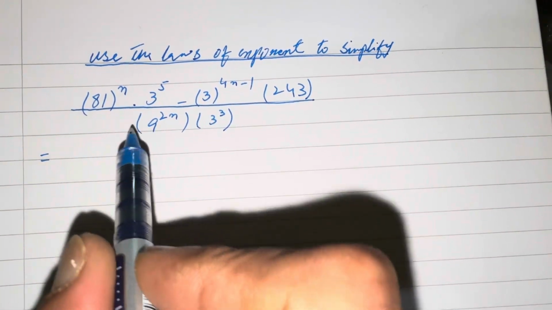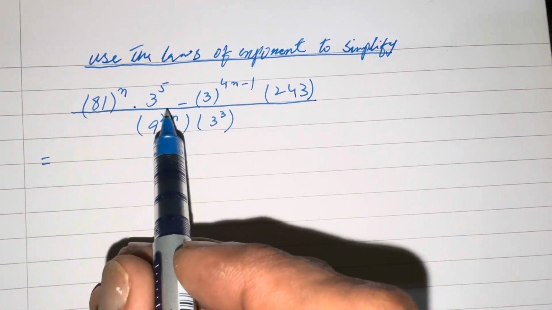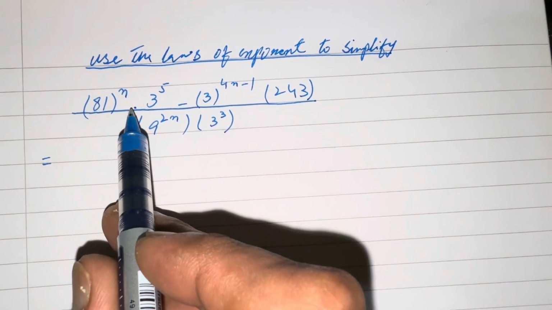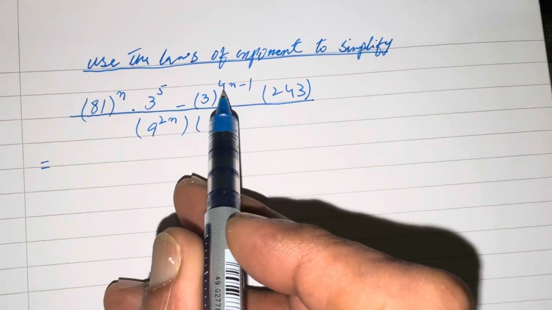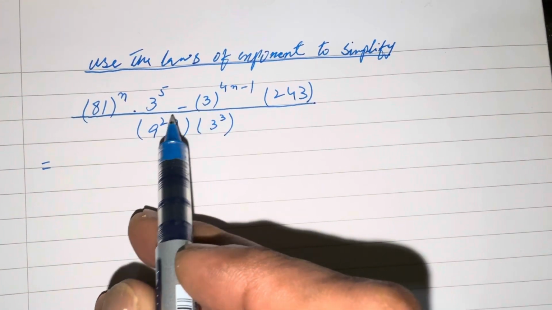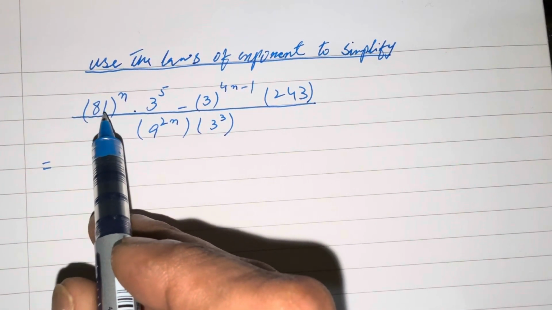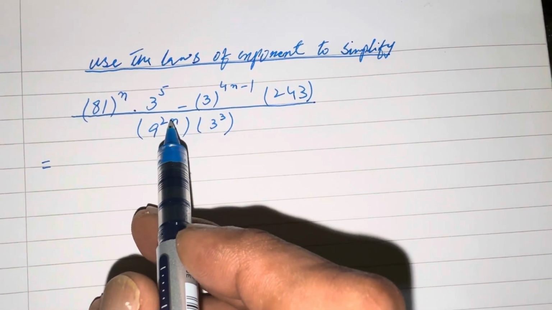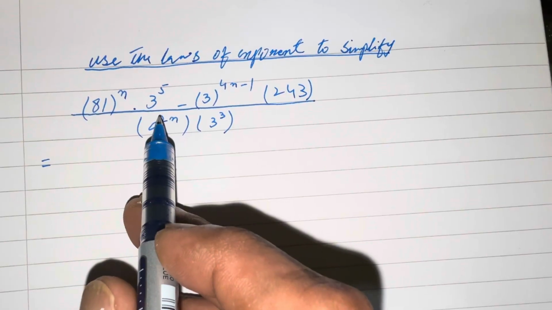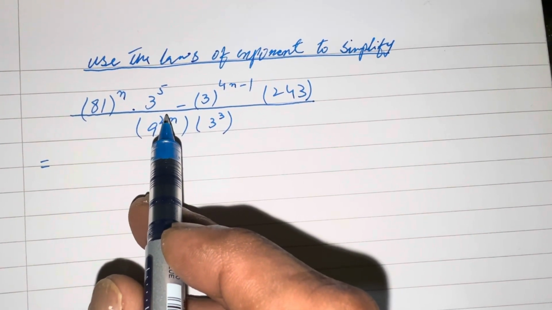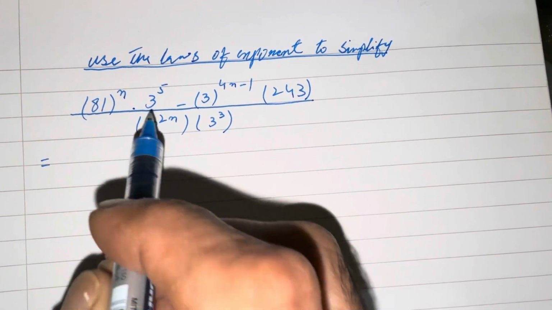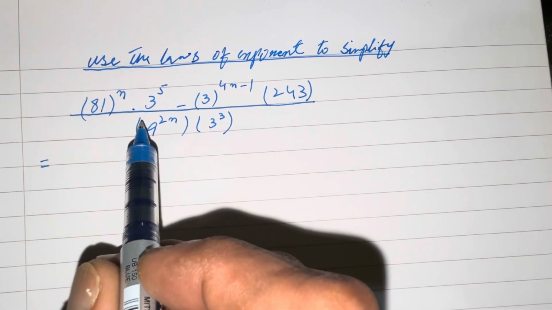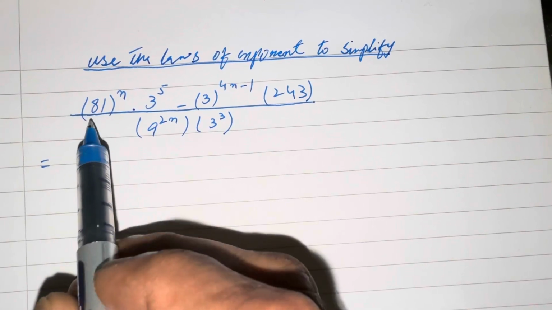So the expression is given with some bases and some exponents, and given in fractional form, so we have to simplify it into the lowest terms. So let's start: how can we solve this expression?